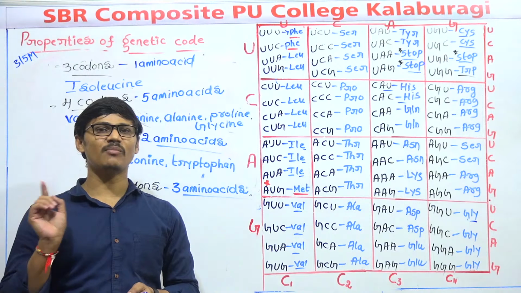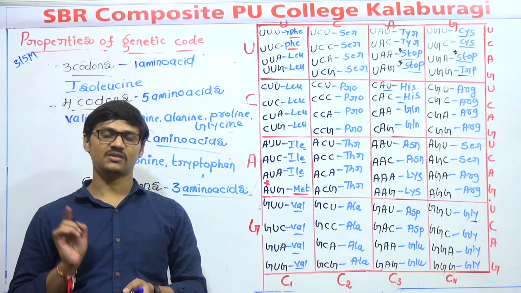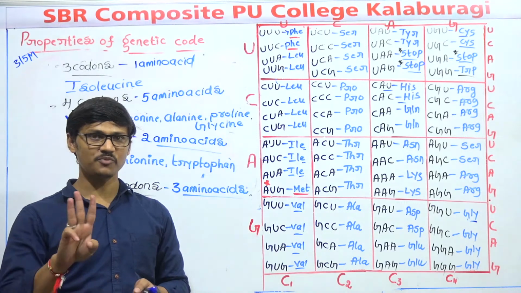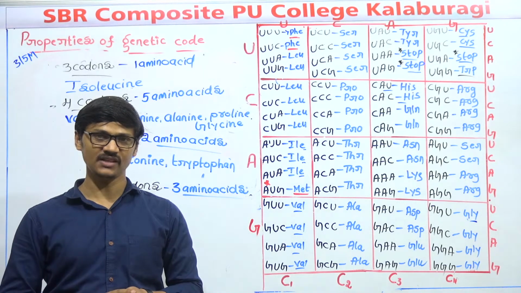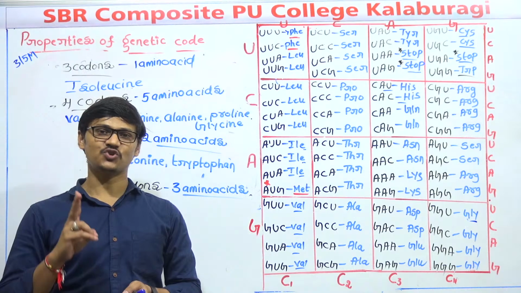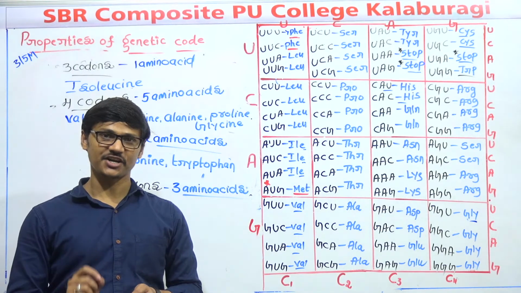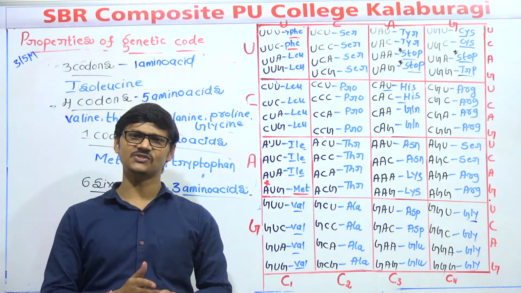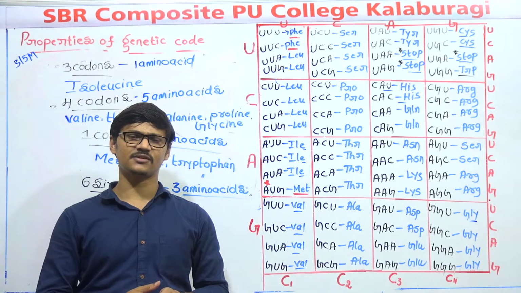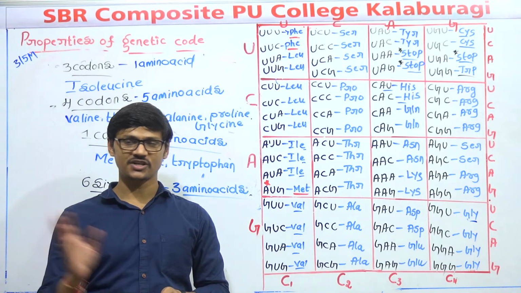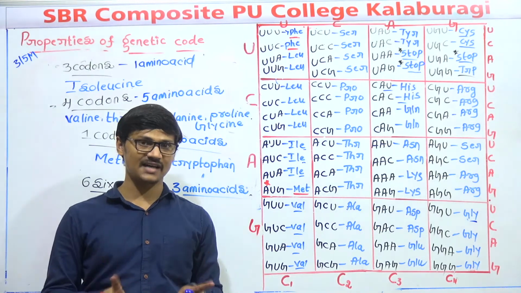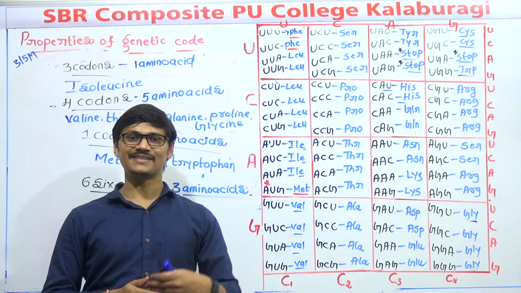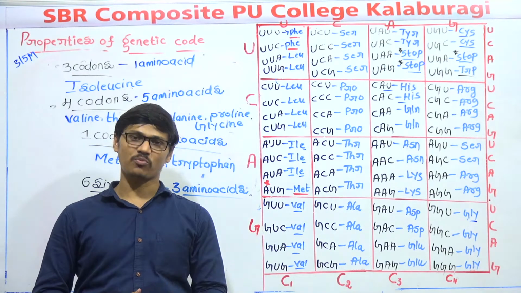But there are two amino acids which do not follow the third property of genetic code. Your duty is to find out those two amino acids which do not follow the degenerate property, and if possible post in the group. This question was once asked in an examination: which of the following amino acids do not follow the degenerate property?